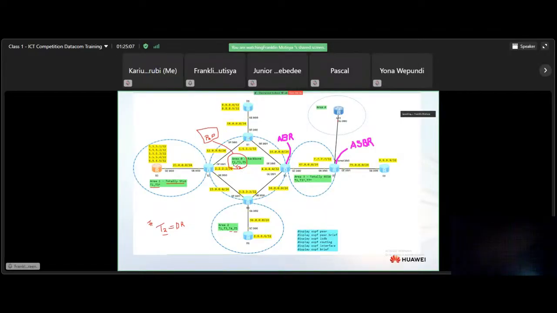But I decided to put type 1, 3, and 5 because the best practice for a large network is to use point to point so that you eliminate the need for electing a designated router.